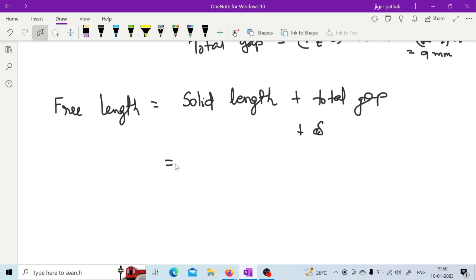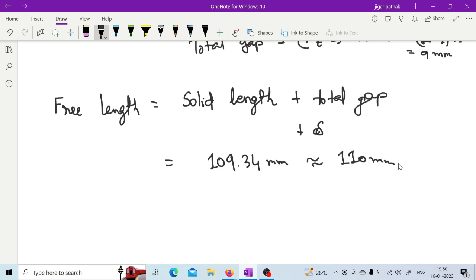So if you go by this, then you are getting it as 109.34 mm, right? Or you can consider 110 mm.